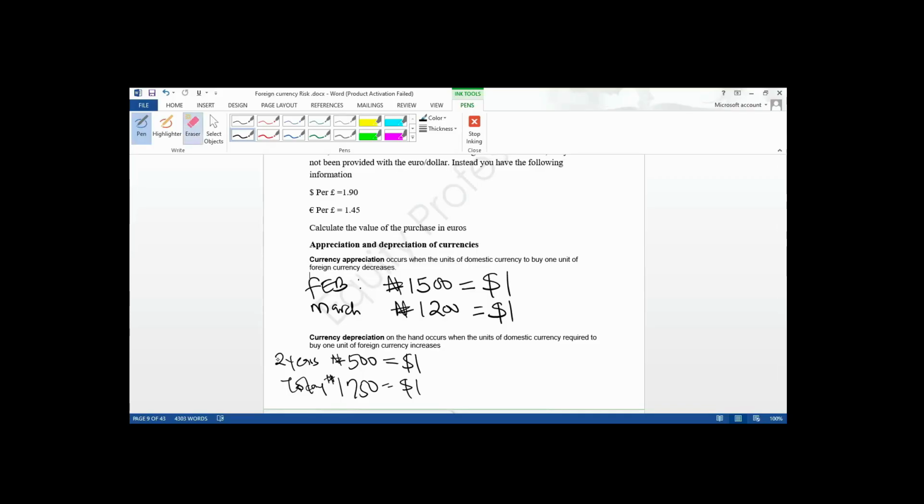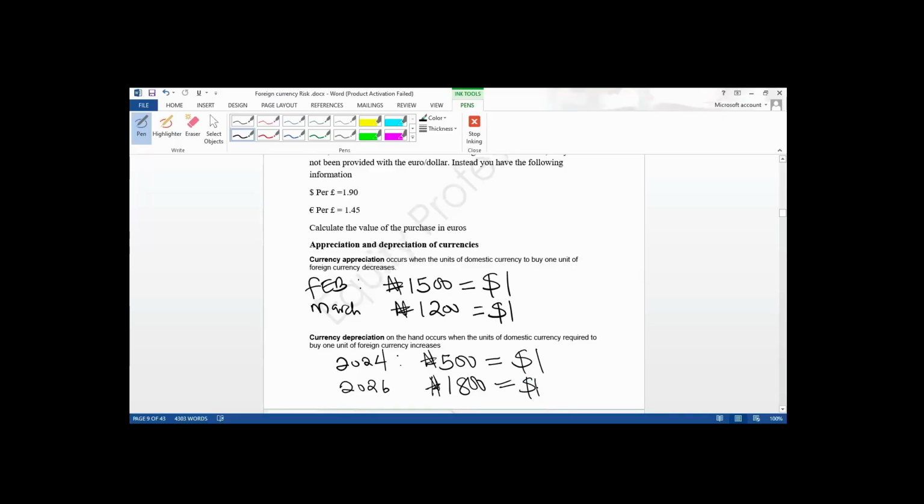For example, in 2024, N500 equals $1. In 2026, N1,800 equals $1.